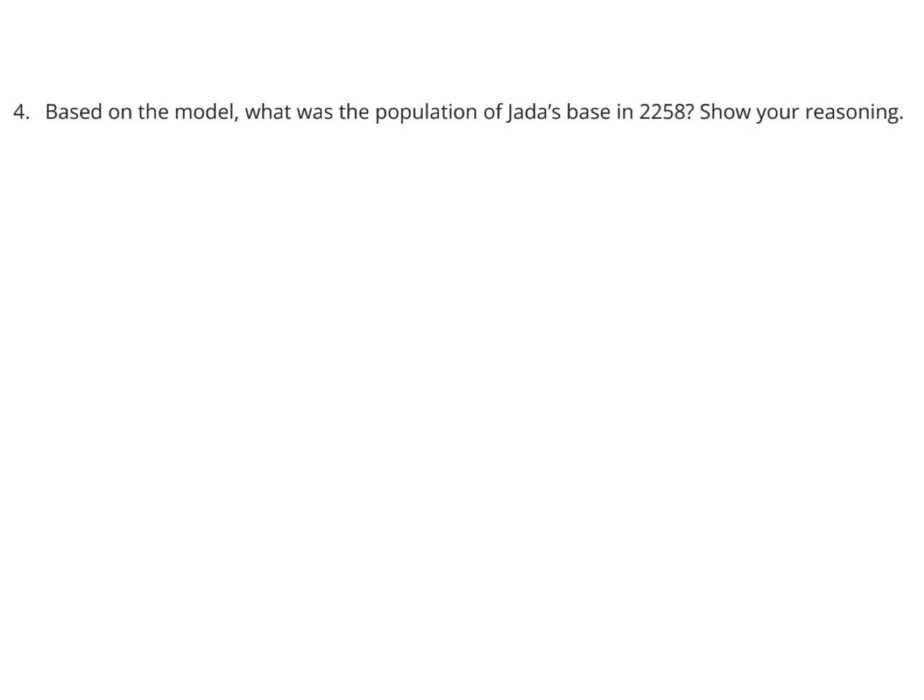So let's see what questions they're going to ask in the future. All right, look at this. 2258. If we started in 2240, how long from 2258 to 2240? That's 18 years. Since I've already converted my equation from 10 years into 1 year, all I've got to do is find when x equals 18.